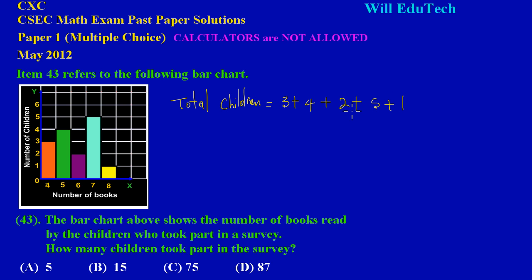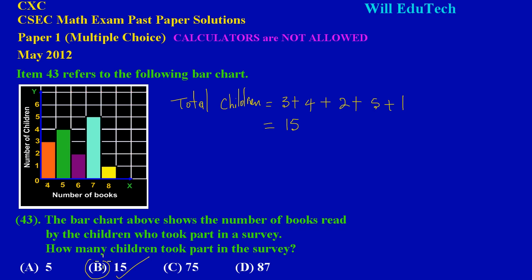These values represent the total number of children who took part in the survey. So 3 plus 4 is 7, 7 plus 2 is 9, 9 plus 1 is 10, and 10 plus 5 is 15. So we have a total of 15 children taking part in that survey, and obviously 15 is the correct answer.